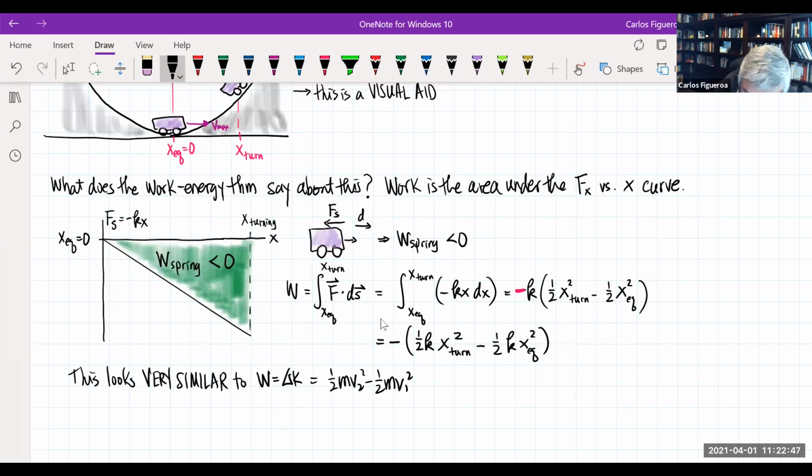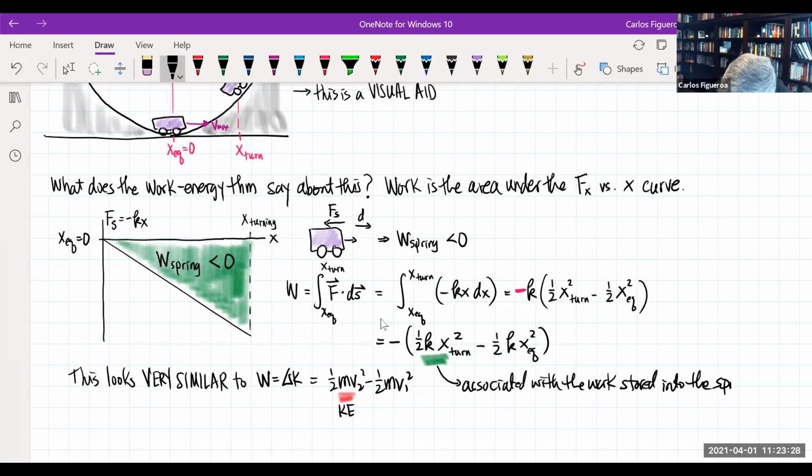And what we said here is that because this term shows up so much, we then define it as the kinetic energy term. Well, it turns out that this term also shows up quite a bit, and this is the spring energy. How do I say that? This is associated with the work stored into the spring.